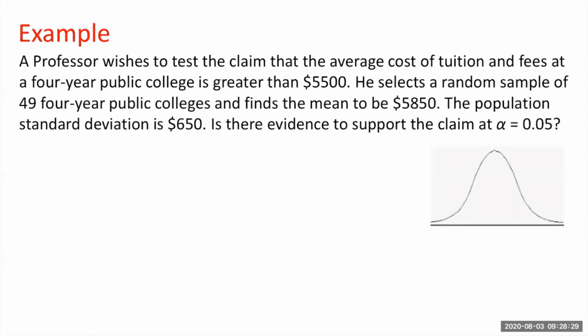So here, let's find out what is going on. A professor wishes to test the claim that the average cost of tuition and fees at a 4-year public college is greater than 5,500.